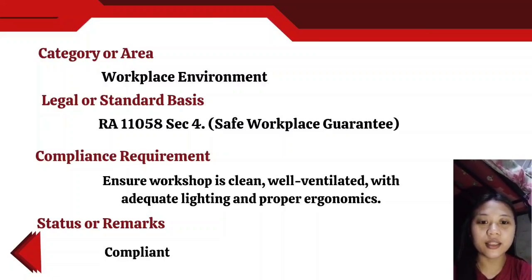Workplace environment directly affects employees' performance. That's why if we want a better service from our employees, ensure that the workplace environment is clean and safe, and also to avoid penalties, violations, accidents, or food contaminations, all of which can harm your business reputation. Ensure that you follow the RA 11058 under Section 4.